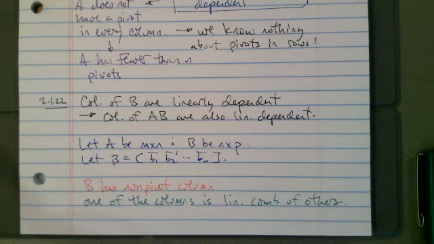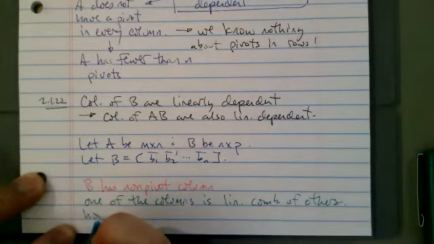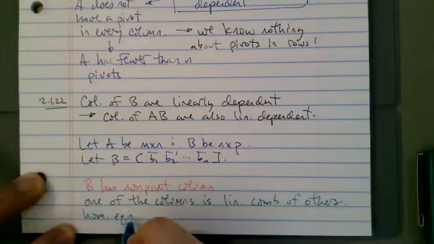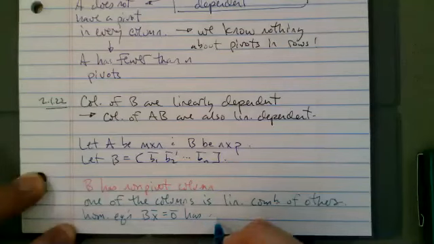There's the homogeneous equation. Non-trivial solution is part of it. The homogeneous equation, Bx equals 0, has a non-trivial solution.